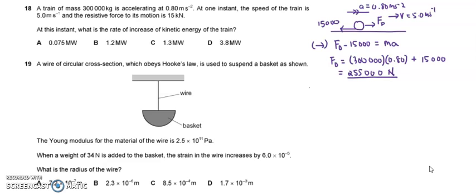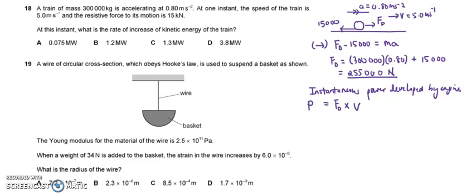The power developed, or we call it the instantaneous power developed by the engine of the train at that particular instant, P equals F, the driving force, multiplied by v.